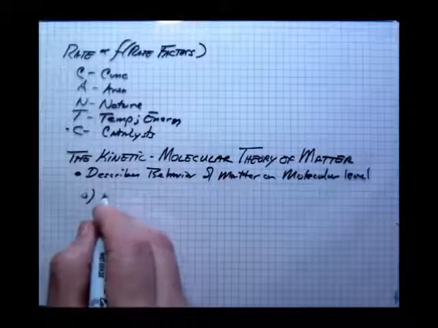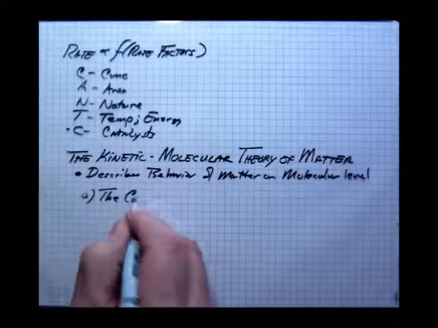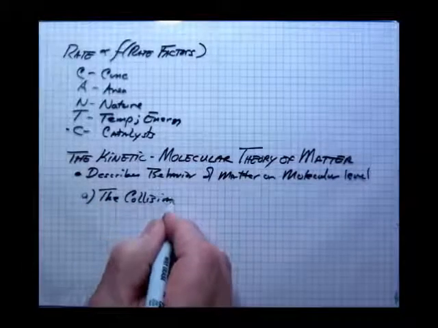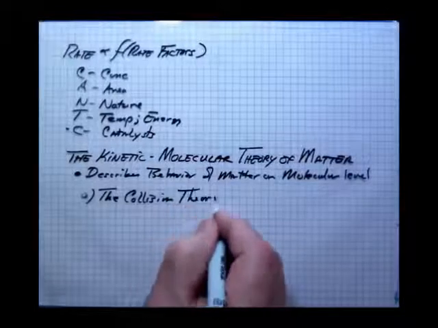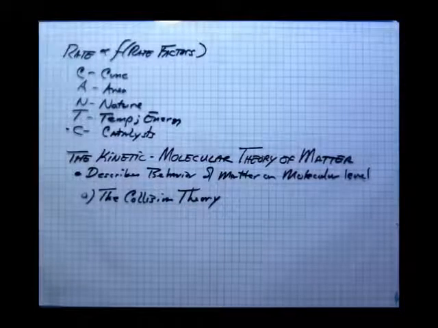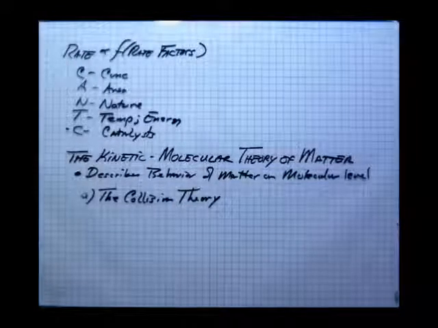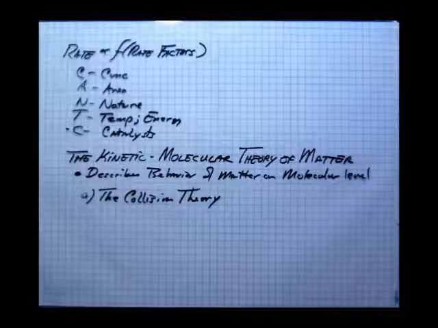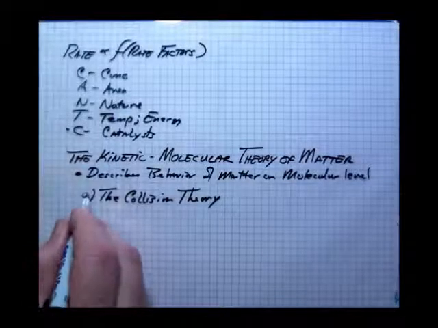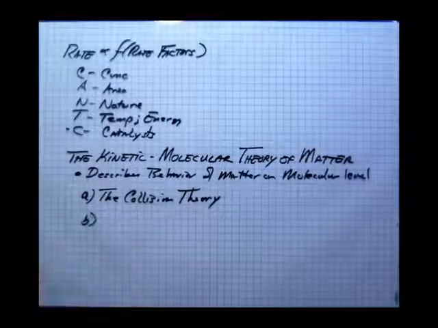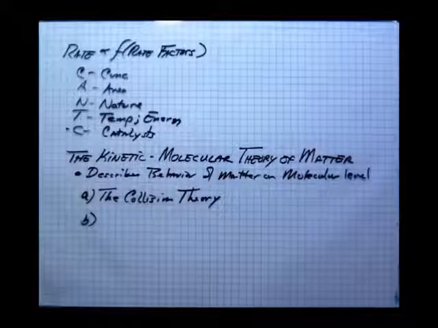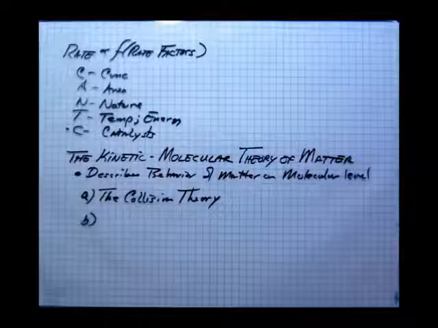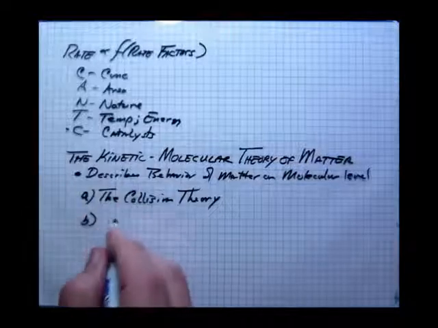The first one is the collision theory, which deals with molecules bumping into one another. Out comes a product. The other one is what we call transition state theory or complex state theory.